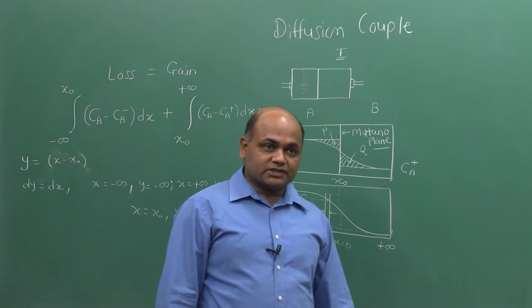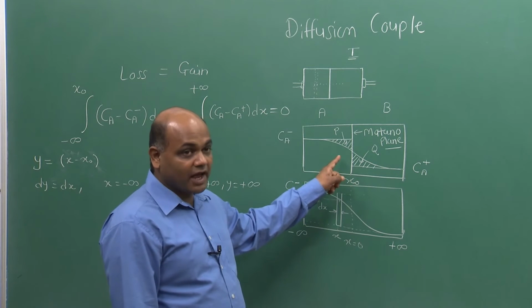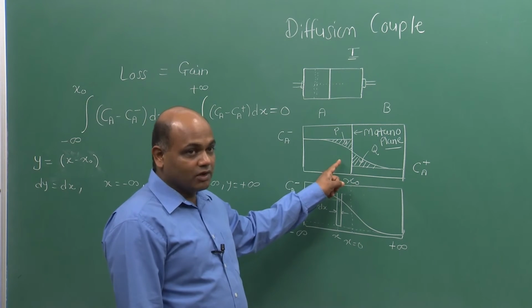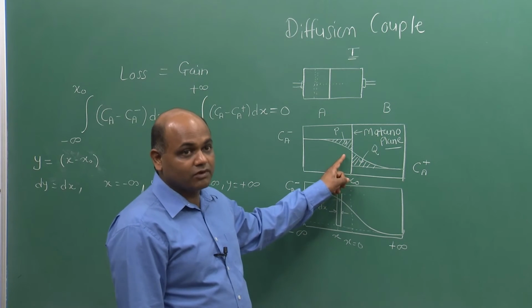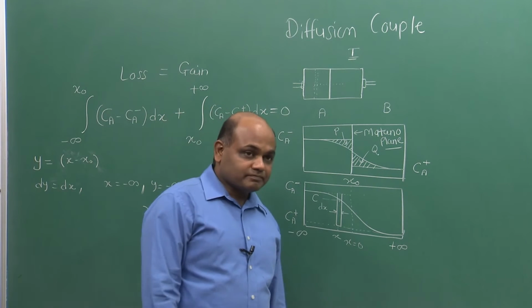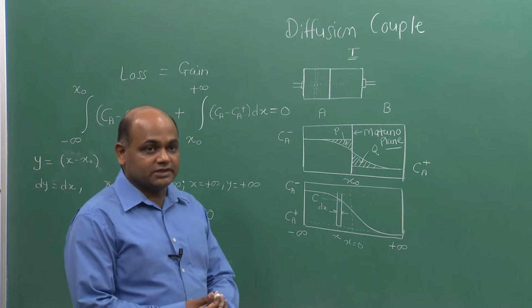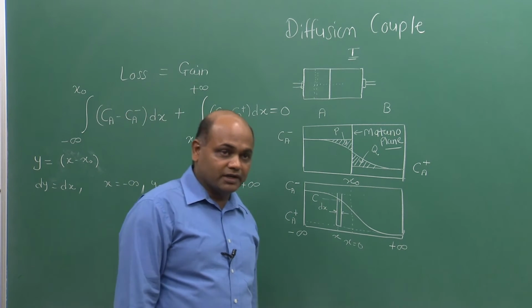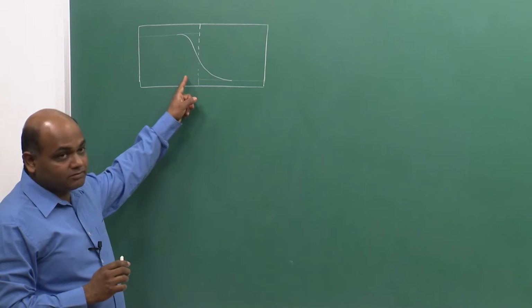Now, we have fixed the reference frame here with the assumption that partial molar volumes of all the individual components are independent of composition. Next, we need to find out the interdiffusion coefficients. That is our main goal here. So, let us consider this concentration profile again.